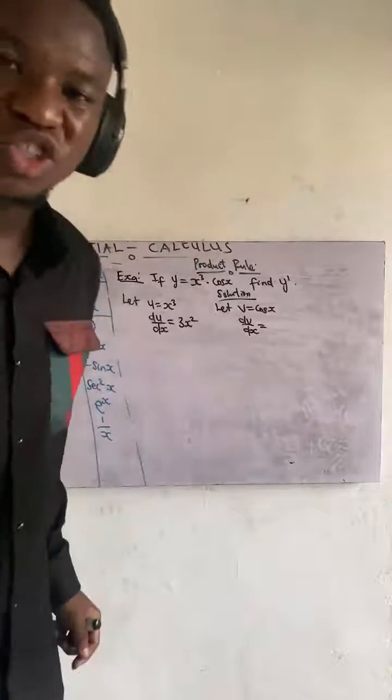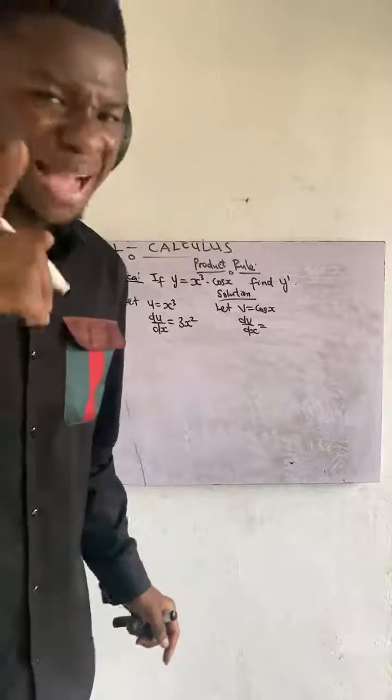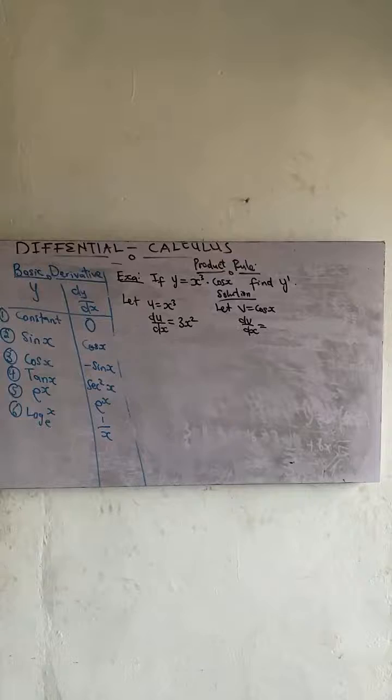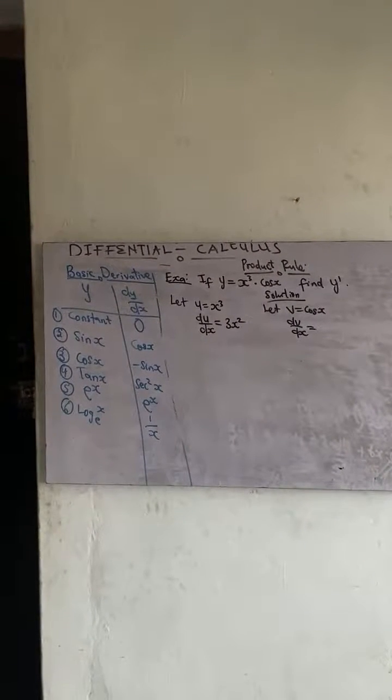Note, the differentiation of cos x is what? Minus sin x. From the beginning of this question, I explained some things to you where I said the differentiation of a constant is 0, the differentiation of sin x is cos x, the differentiation of cos x is minus sin x, the differentiation of tan x is sec square x, the differentiation of e raised to power x is e raised to power x, while the differentiation of log x base e is also what? 1 over x.